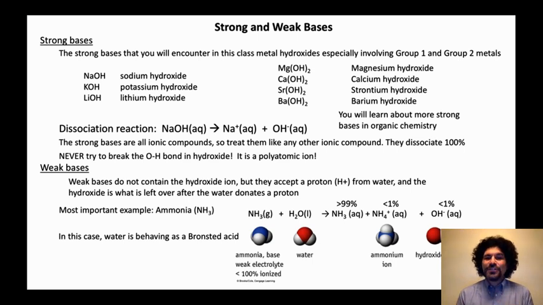It does the dissociation to a small extent, less than 1%, gives its proton to NH3, that generates NH4 plus aqueous, and then any water molecule that lost a proton, the OH minus is what's left over, again, less than 1%. But the presence of that OH minus in solution, the hydroxide ion, is what makes the solution basic.